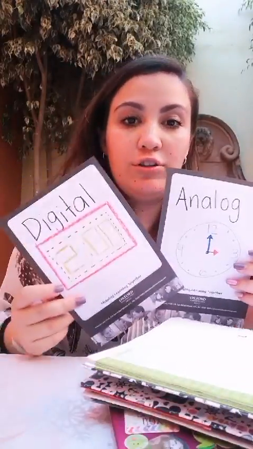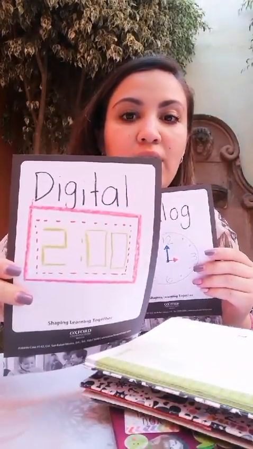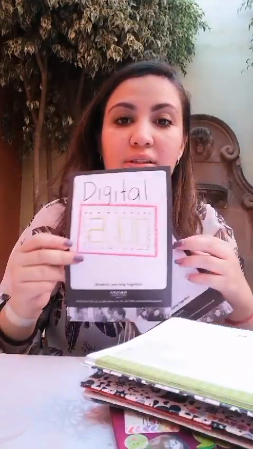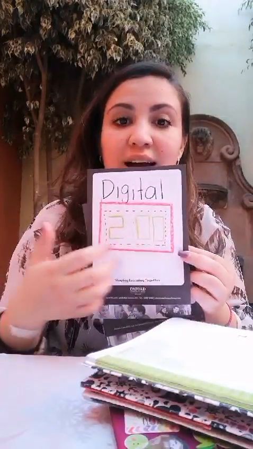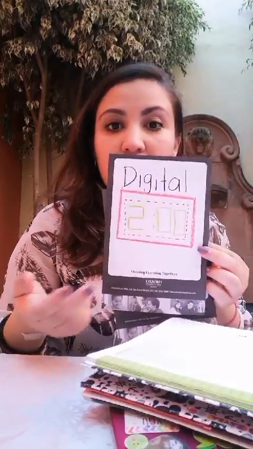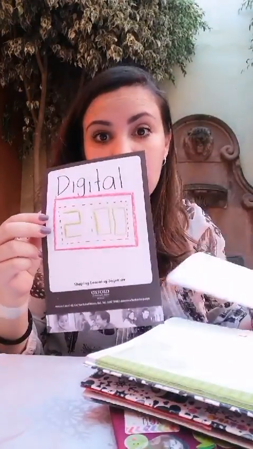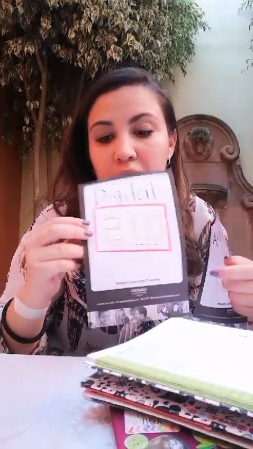Before we left to the break, we saw two types of clocks, the digital one and the analog. Which was the difference? The digital shows the time in numbers, just using numbers. For example, here I have 2 o'clock. It shows me the number right away.